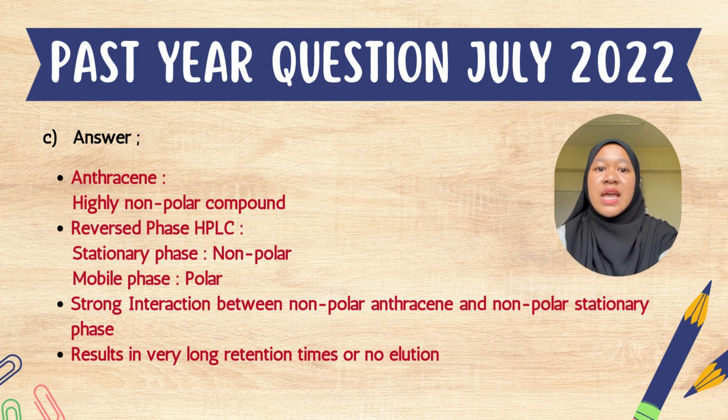In reverse phase HPLC, the stationary phase is non-polar and the mobile phase is polar. Non-polar compounds like atrazine would have strong interactions with the non-polar stationary phase, leading to very long retention times or even non-elution. This makes reverse phase HPLC unsuitable for separating highly nonpolar compounds like atrazine.